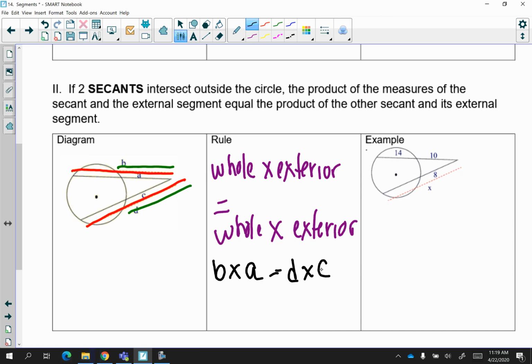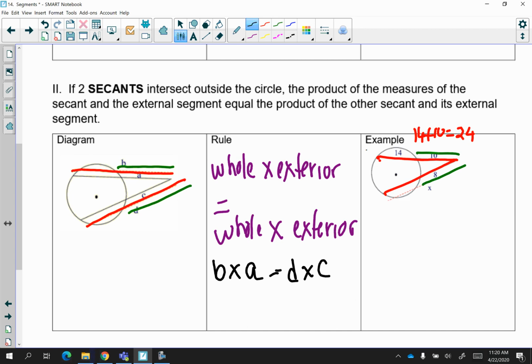Let's take a look at our example. This is the whole secant, so we do have to say 14 plus 10 to get our 24. The exterior piece is 10. This is our whole secant. It's 8, and the exterior is X. So let's do the math here.